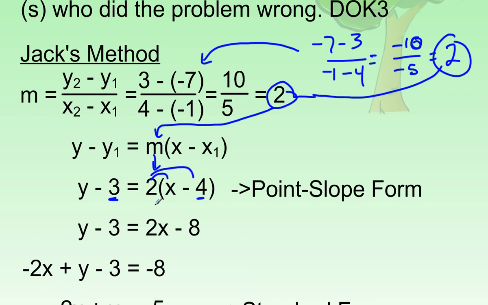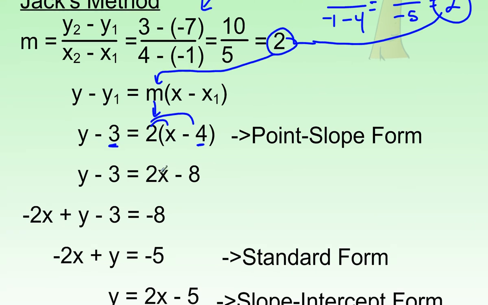He distributed 2x minus 8. Looks good. What did he do? So it looks like, I mean, he moved this piece over there. So he would subtract 2x. That's not how we did it before. But is it wrong? I don't know.